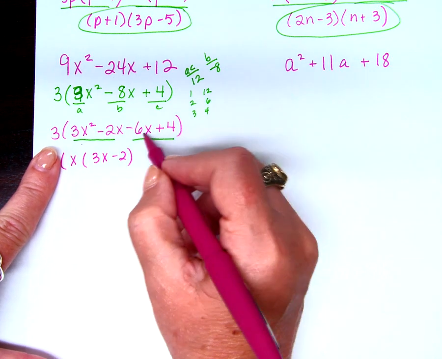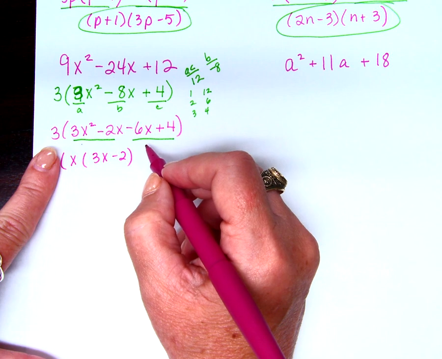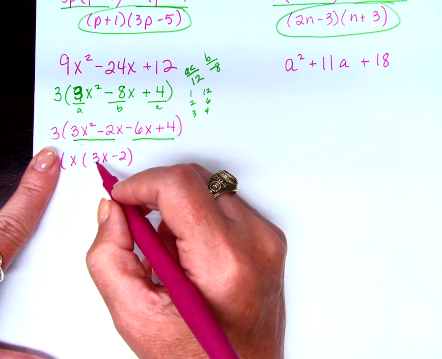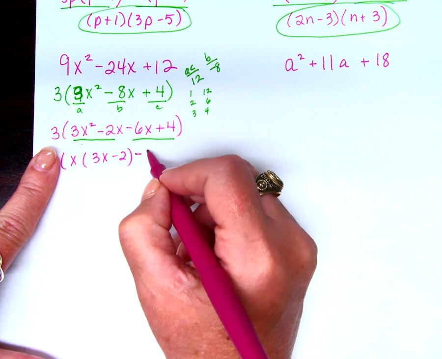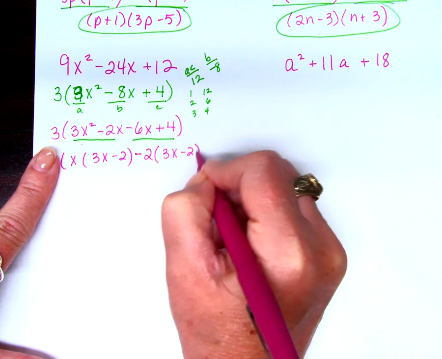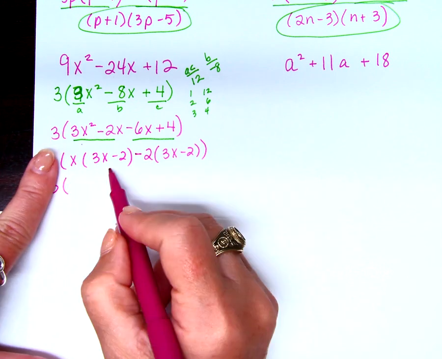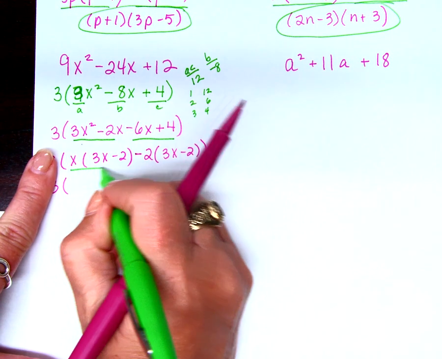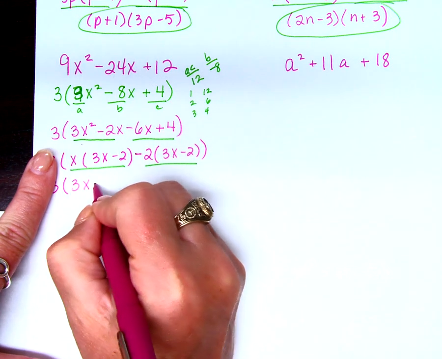What's common in these two terms? 2 for sure, but I need a parentheses that says 3x minus 2. So I need to take out a negative 2, don't I? 3x minus 2. What's common in these two terms right here? 3x minus 2.